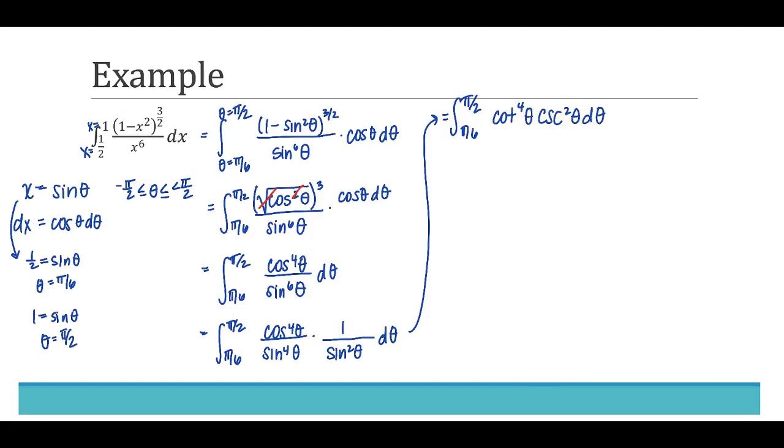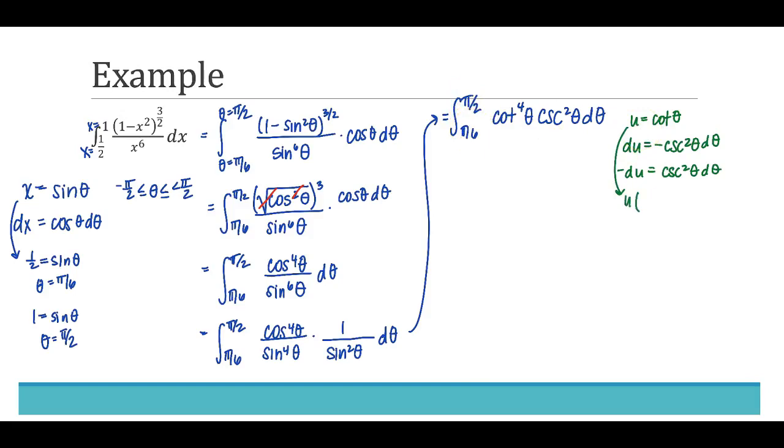So let's go ahead and do a u substitution over here. Let u be cotangent theta, then du is negative cosecant squared theta d theta, and then negative du is cosecant squared theta d theta. But these values are thetas, so I'm going to have to turn them into u's. I'm going to do that all at once as well.